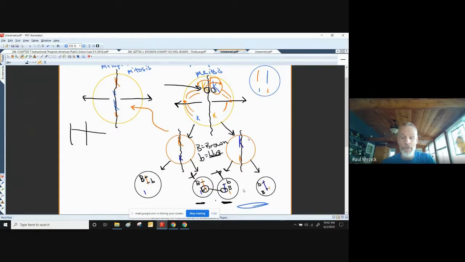And then this would not be a little b, it would have been the capital B. And this would have been the little b. And so you would have ended up with blue eyes and blonde hair, and brown eyes and brown hair, not because that's how the chromosomes were, but because there was genetic material that was literally pinched off one chromosome and placed on another. And that adds another element of genetic variation.